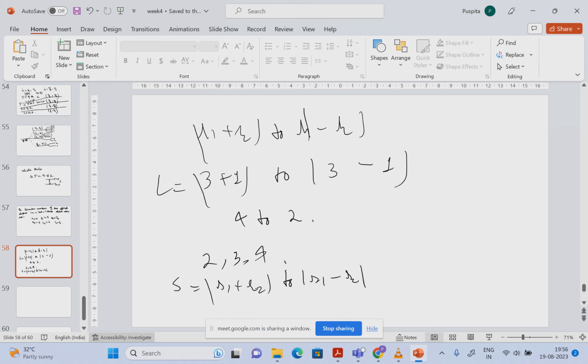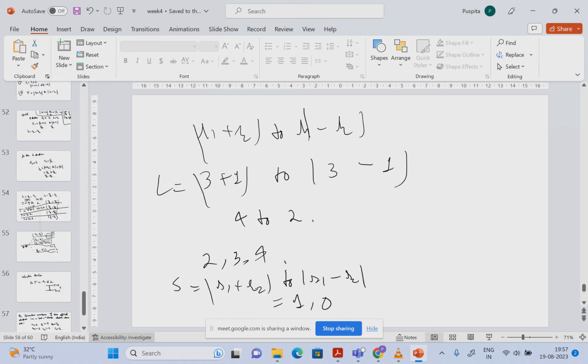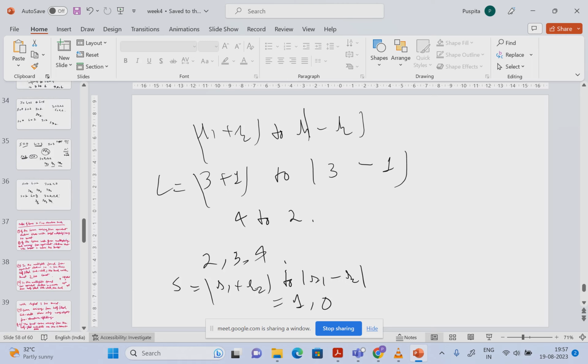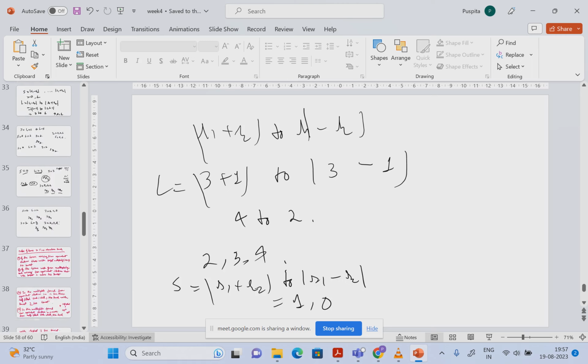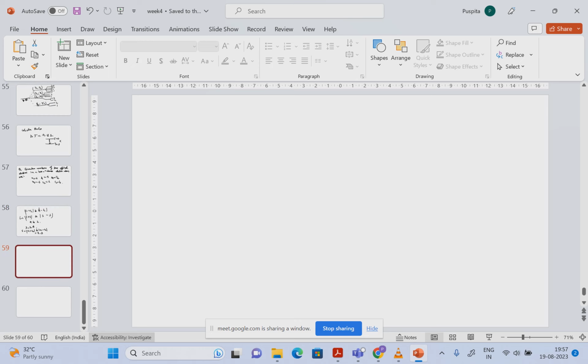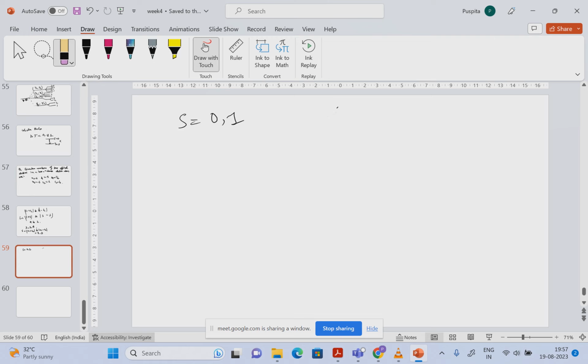So for two electrons, it will be 1 and 0, as already shown earlier. So we have two combinations, S equal to 0 and 1, and L equal to 2, 3, 4.